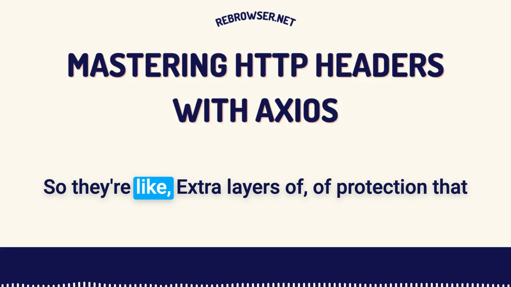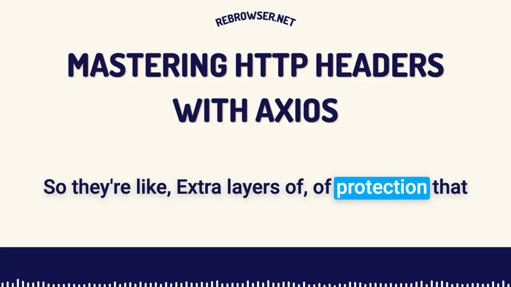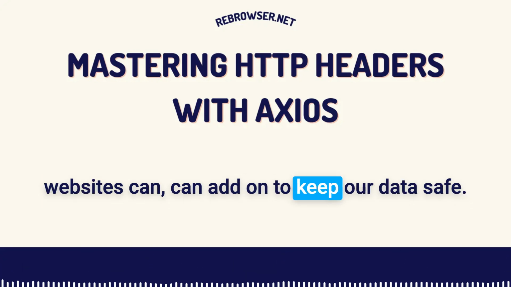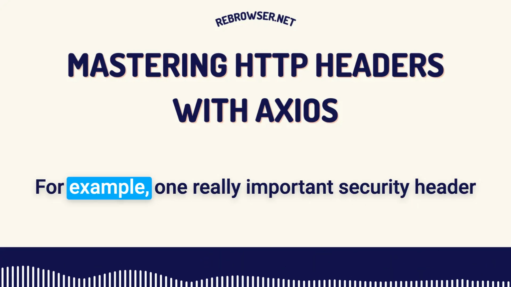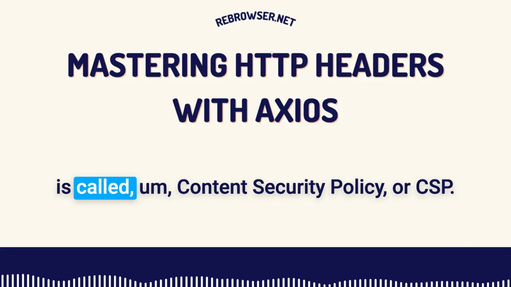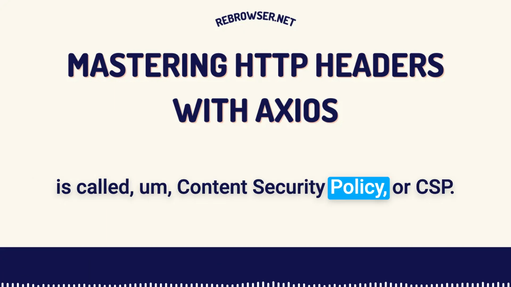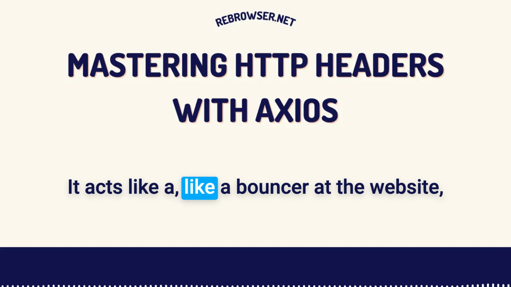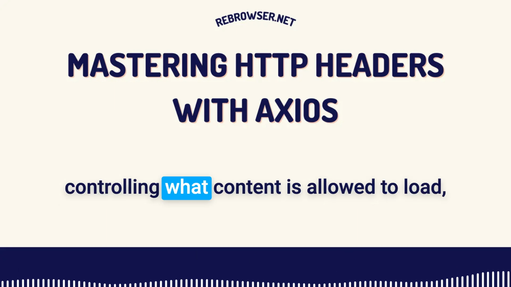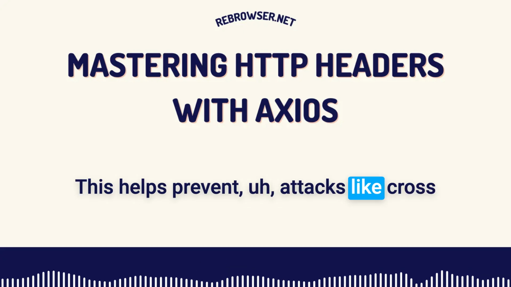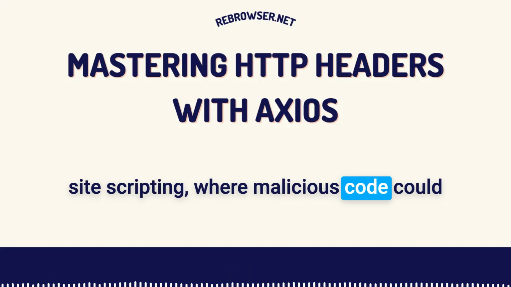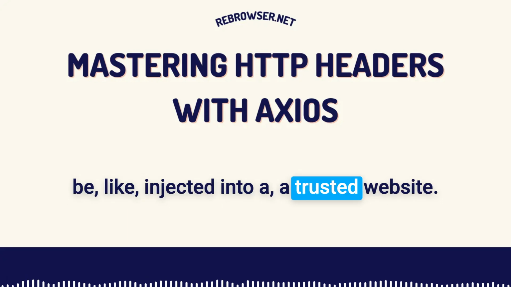Okay, so they're like extra layers of protection that websites can add on to keep our data safe. Exactly. It's like adding extra locks on your doors. For example, one really important security header is called Content Security Policy, or CSP. It acts like a bouncer at the website, controlling what content is allowed to load, and where it can come from. This helps prevent attacks like cross-site scripting, where malicious code could be injected into a trusted website.